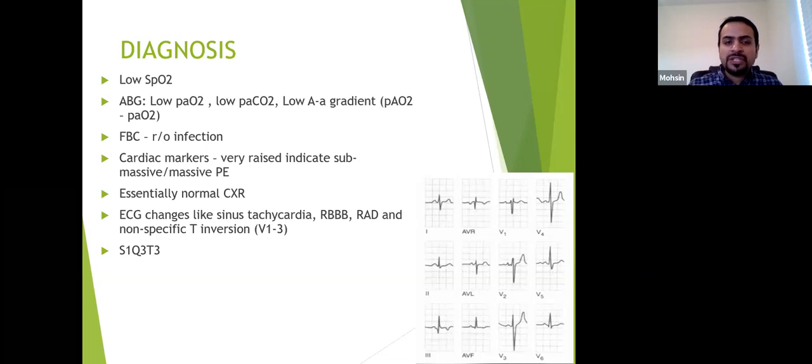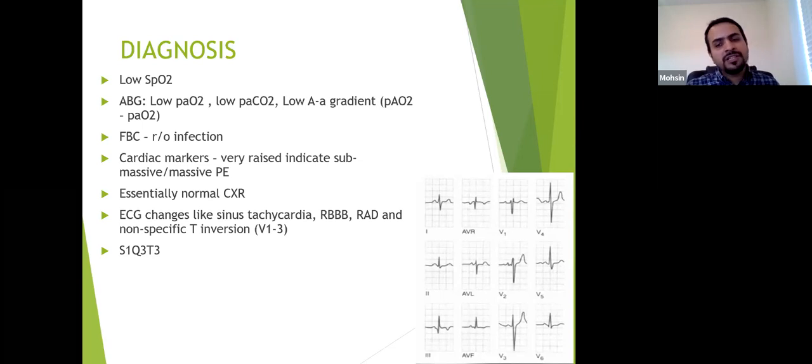If you do a chest X-ray, most of the time it will be normal. The typical findings of PE are rare and not very common. In the books we always read about Hampton's hump and Westermarck sign and all that. They are mostly very rare, and most of the time they are retrospective.